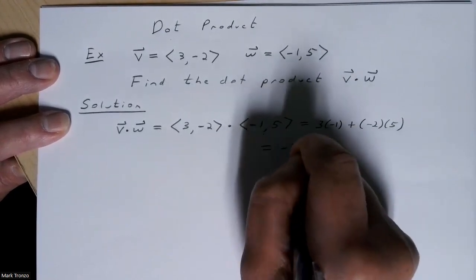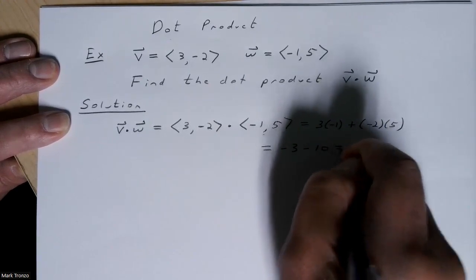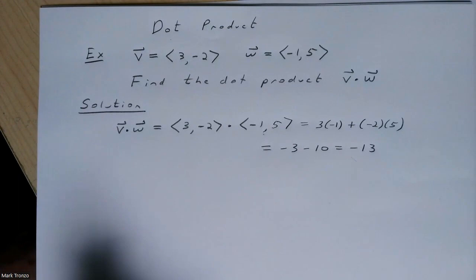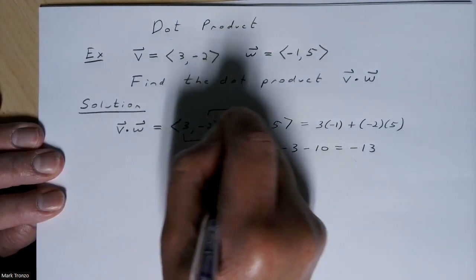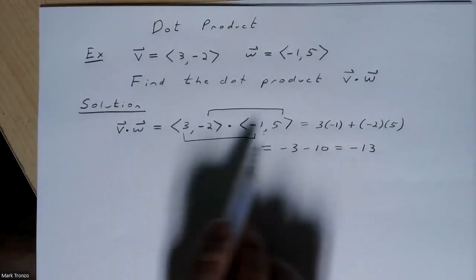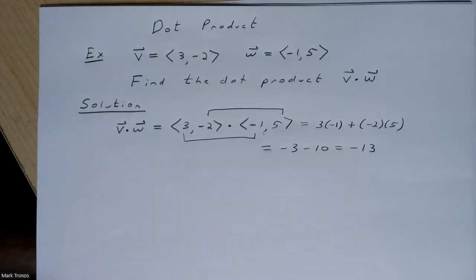This is equal to minus 3 minus 10, which is minus 13. So you simply multiply the corresponding components, 3 times minus 1 plus minus 2 times 5, and add them up, and get minus 13.